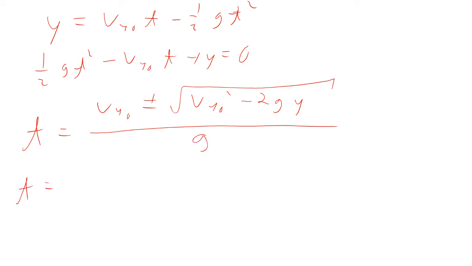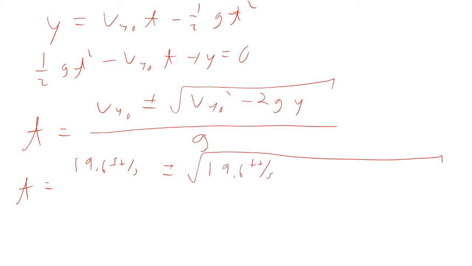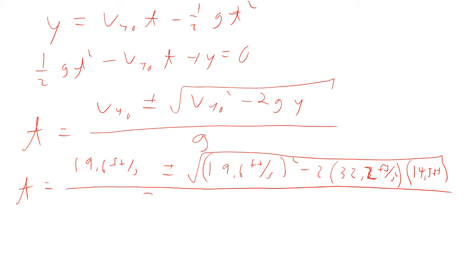So Vy naught, 19.6 feet per second, plus or minus the square root of 19.6 feet per second, that quantity squared, minus 2 times, now we're doing feet, so you have to use 32.2 feet per second squared, times 14.5 feet, because that's how far above his hand it went, divided by 32.2 feet per second squared.